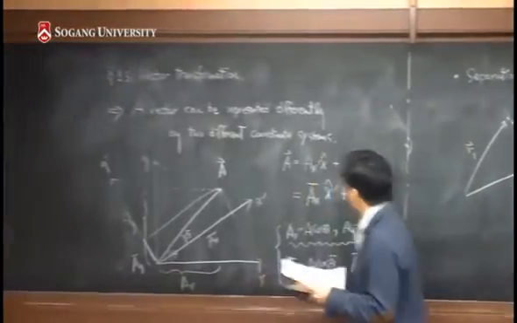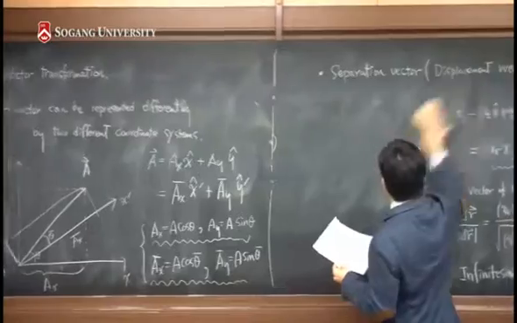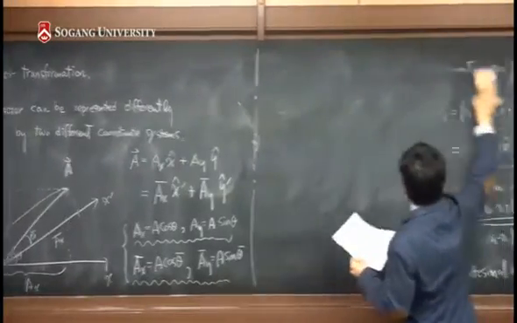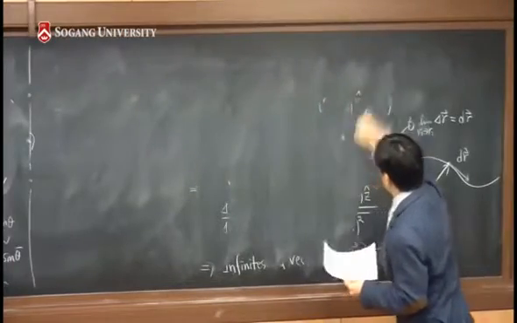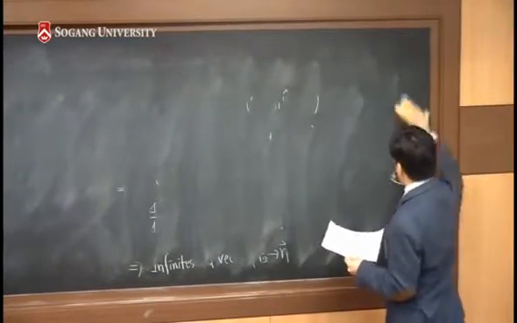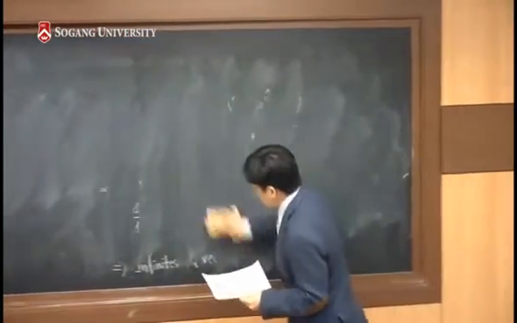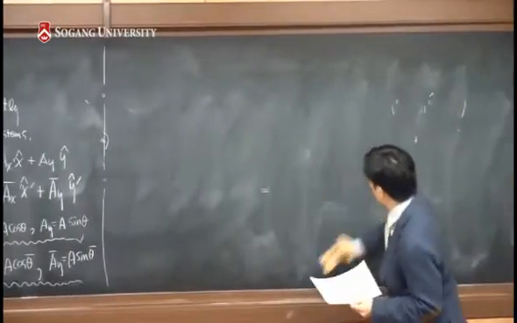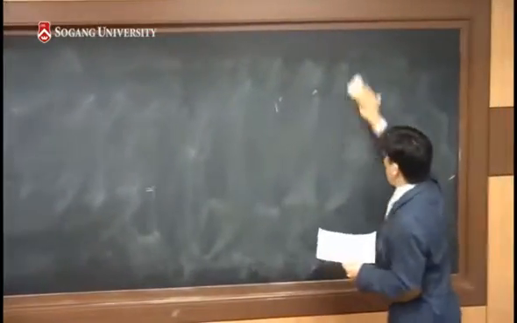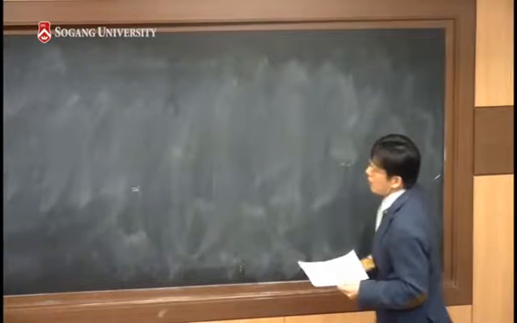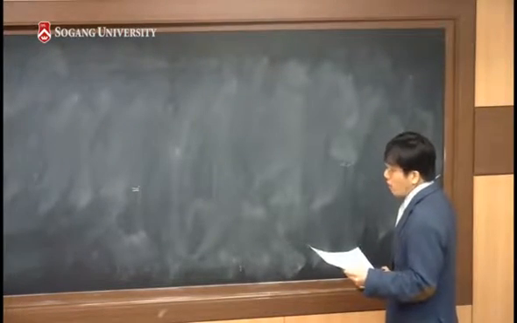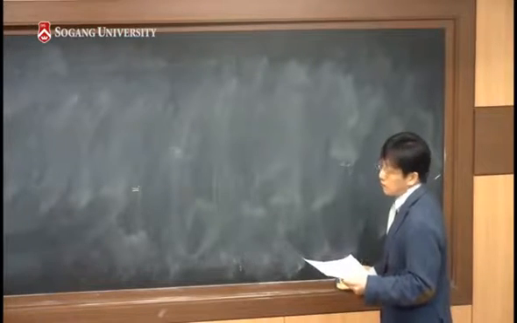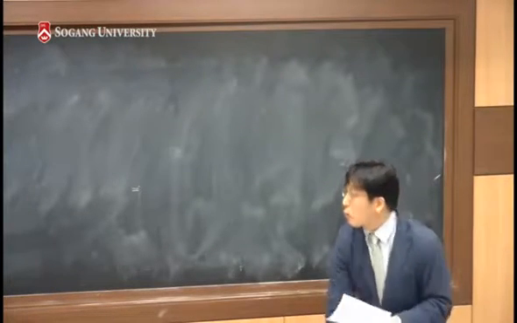So here we can ask a question. Let's say we know the components of the vector in the first coordinate system. Then how would we get the components in the prime coordinate system?